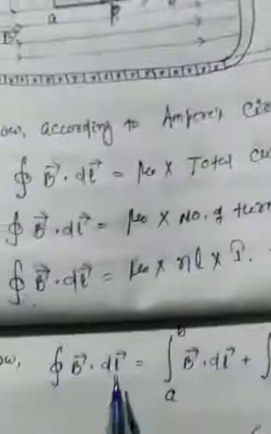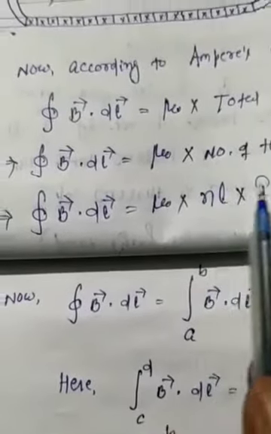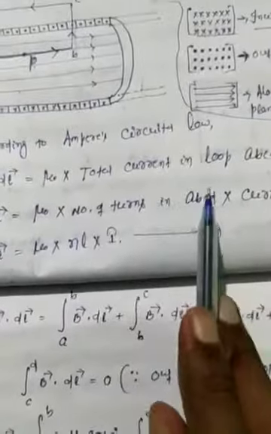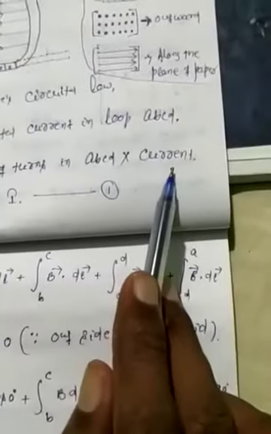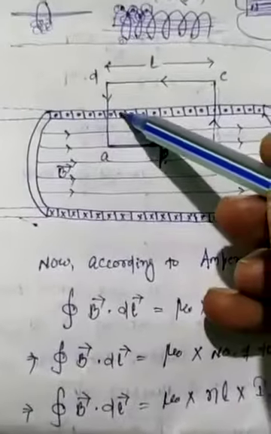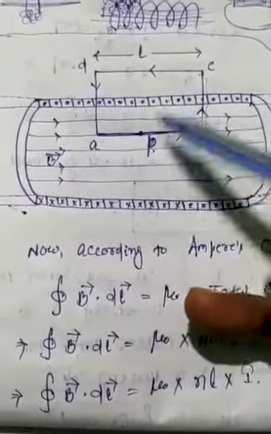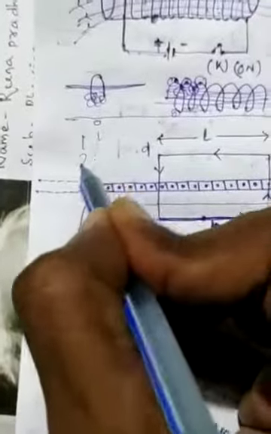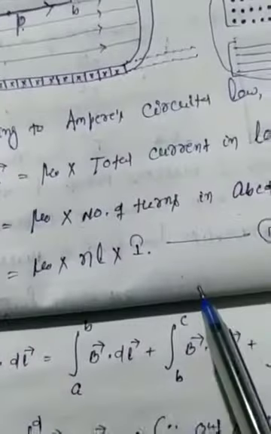Total current. That is, the total current means the number of turns inside ABCD into the current. If there is 1 turn, it is 1 into I; 2 turns, 2 into I; n turns, n into I.